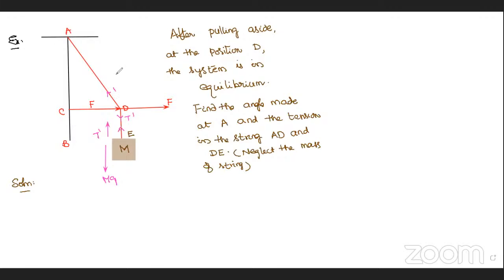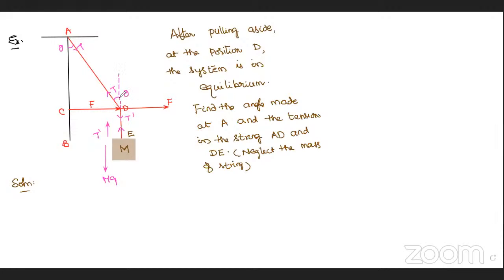This is some T, action and reaction, here T. And this T is making some angle here with the vertical. That angle at A, what he asked, find the angle made at A. At A, suppose I take the angle as theta, so shall I take the angle here also theta? Is it correct? I think it is correct.